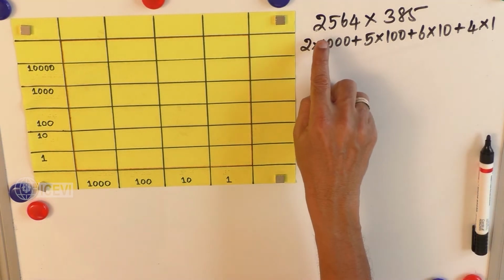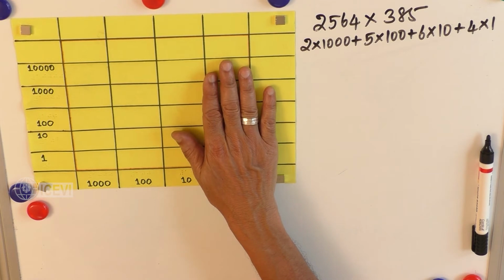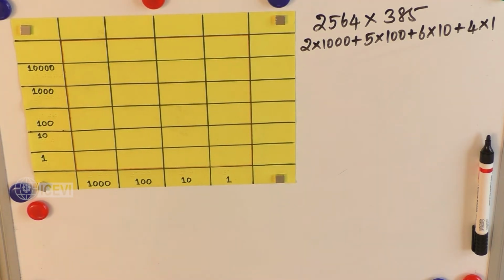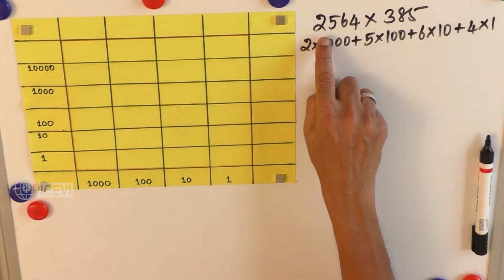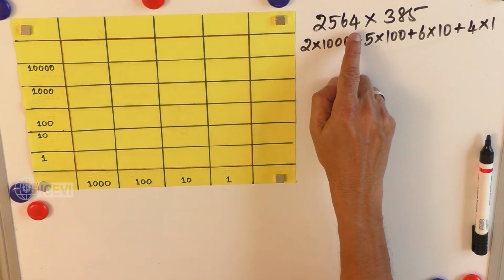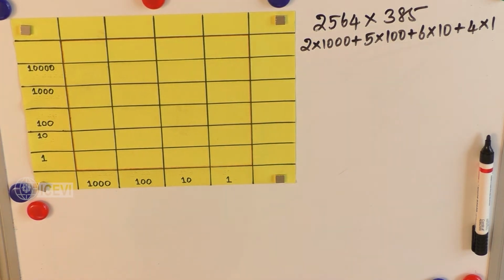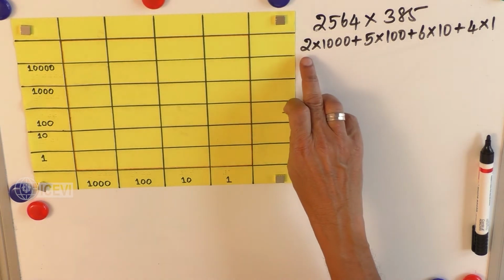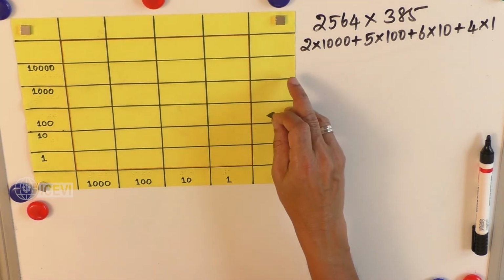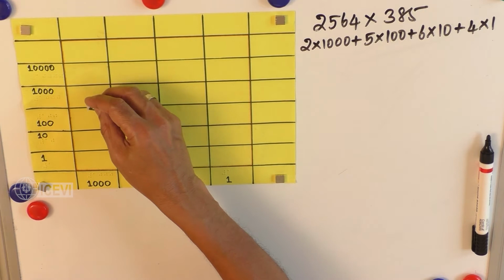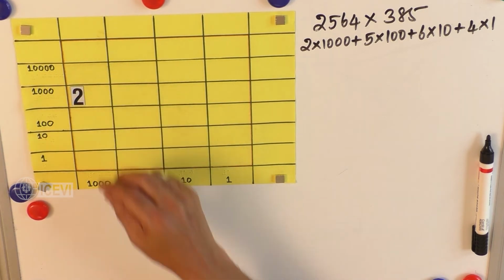Let us place the digits of the multiplier on the expanded form template. Now 2564, the 2 is nothing but 2 multiplied by 1000, so 2 must be placed in the 1000th column.